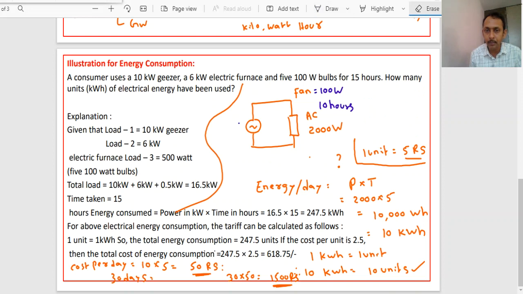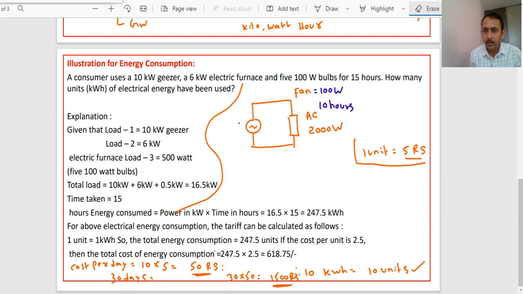Unit price is the same. You are having a fan which is drawing 100 watts of power, but you are making the fan operate daily for 10 hours. Each day you are making the fan in the on state for 10 hours. Then how much could be the energy consumed by the fan?